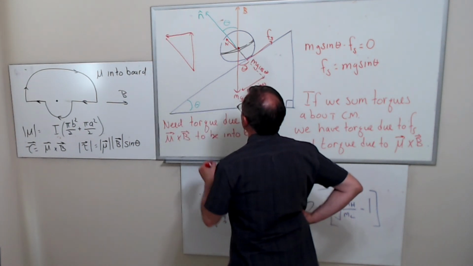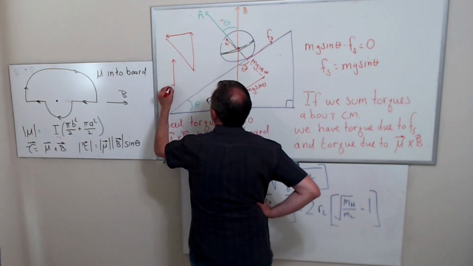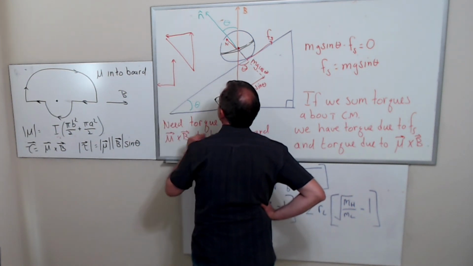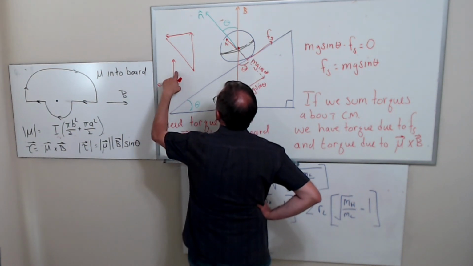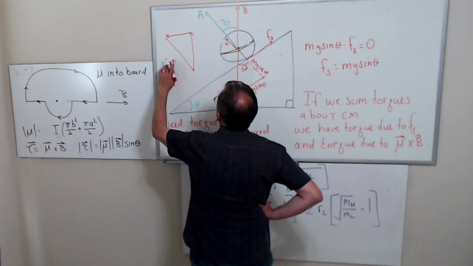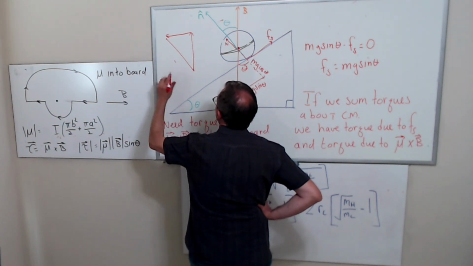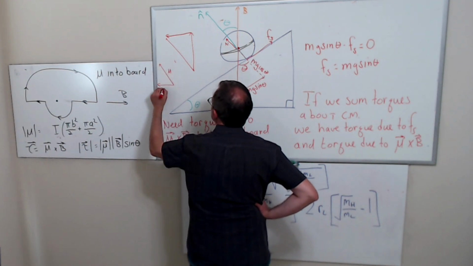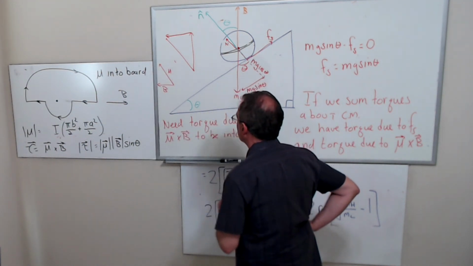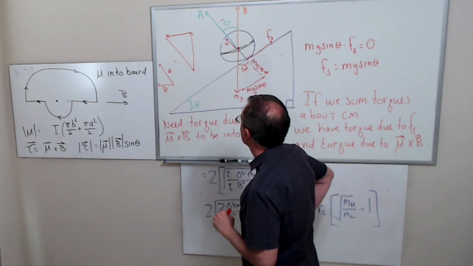Like that. So if you take this B, cross it with this, sorry, you cross this mu with this B, what do you get? You get a torque that points out of the board.